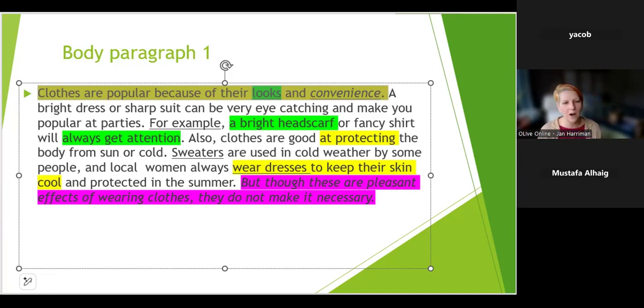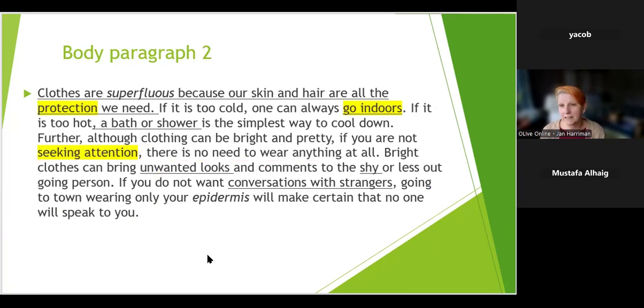It doesn't matter if you're arguing that everyone in the world should walk around naked. Probably not going to find many people who agree with you on this point. But if you can support it, you'll still get the marks. That's all that matters. It's how it's written, not what is written. Okay. So long as it flows logically. So, can you see a logical progression in this argument? Right?